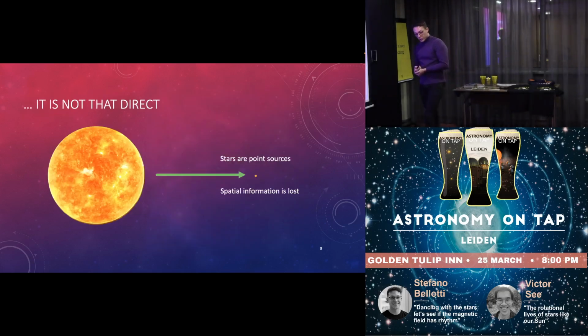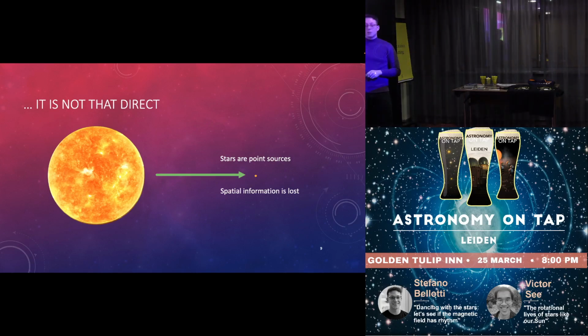Stars are point sources, as we say in technical terms, because we don't have what is called spatial resolution. We're not able to distinguish singular features on the surface. If anybody can tell me what is going on in this one, from where you are, congratulations, I cannot even from here.